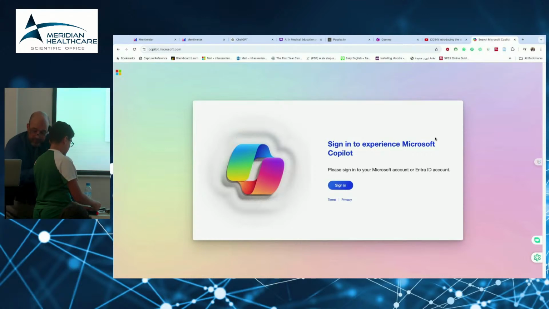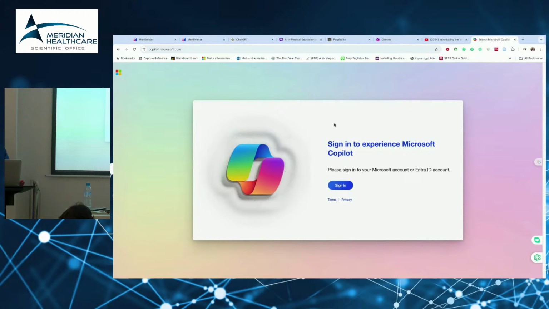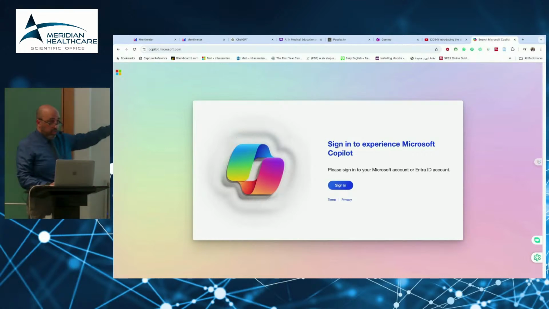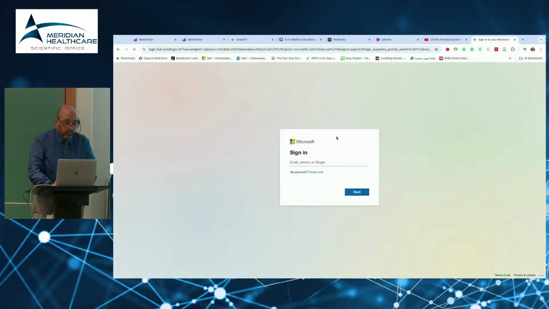So this is Microsoft Copilot. You can use its application or its website, but you just need to sign in to your Microsoft account, like this.